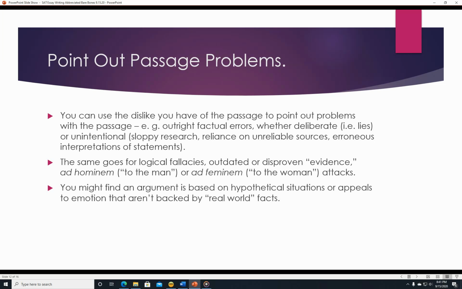And finally, of course, ad hominem, literally meaning to the man, or ad feminem, to the woman, attacks. For example, this is true. Albert Einstein, back when he was practicing physics, a physicist in Switzerland, German Jews called him a Swiss atheist. They didn't feel he was religious enough.